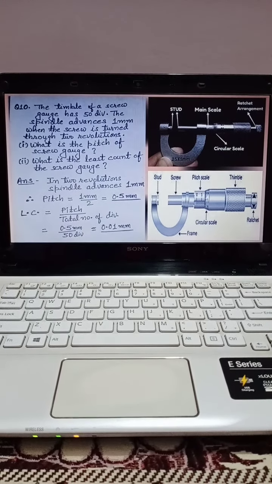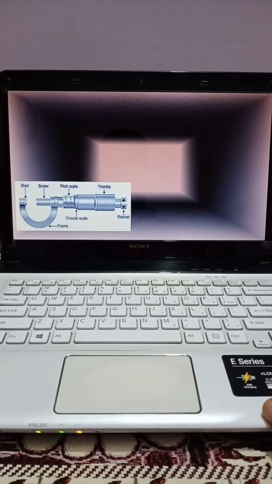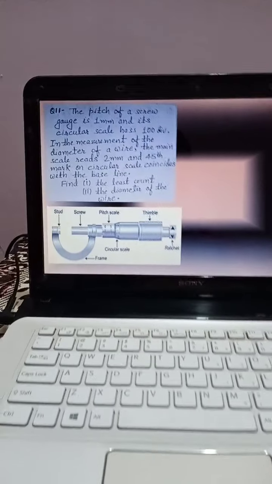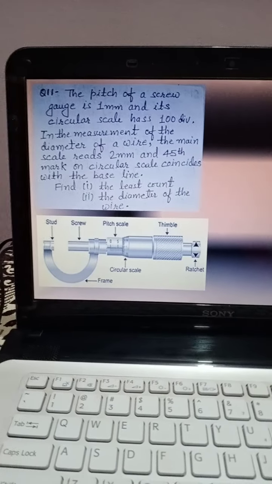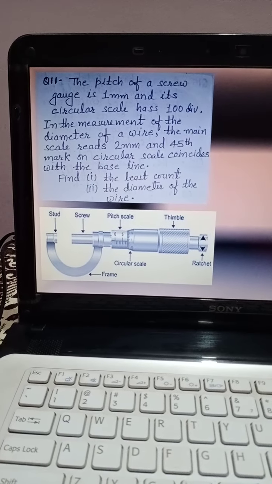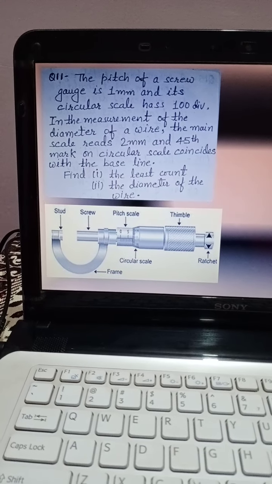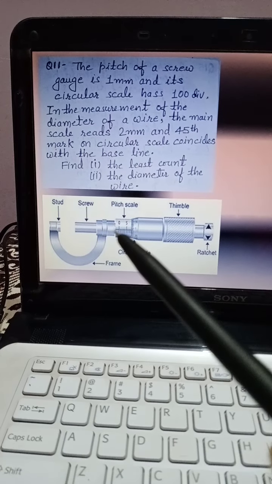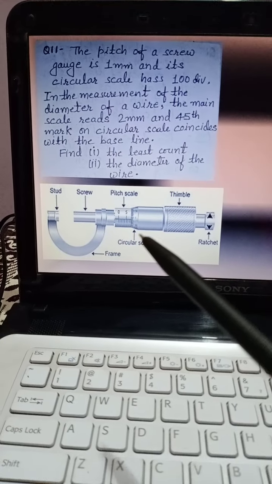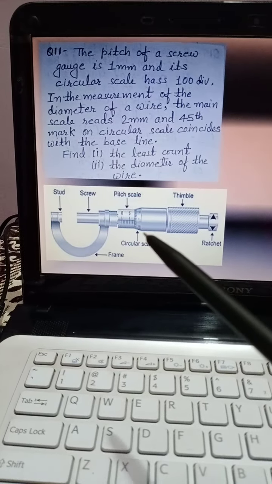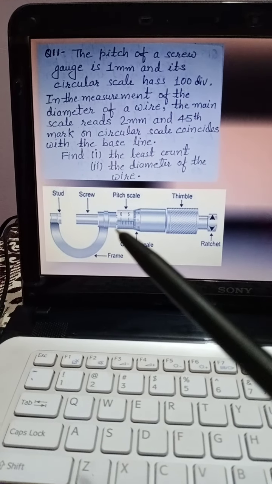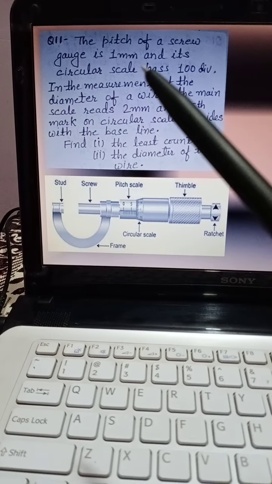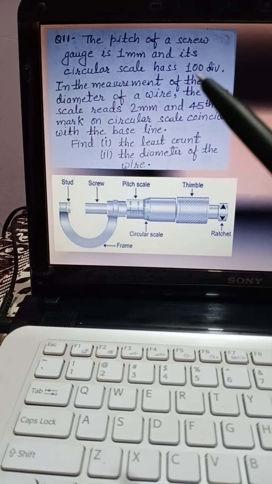So next numerical. The pitch of a screw gauge is 1 mm and its circular scale has 100 divisions. This means that when this circular scale is turned one time, it advances 1 mm, and the circular scale has 100 divisions.